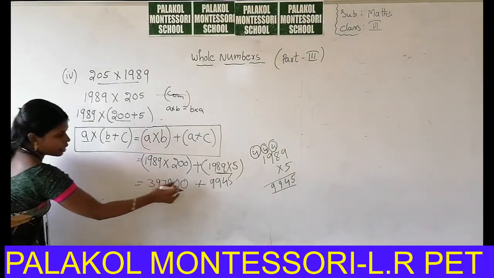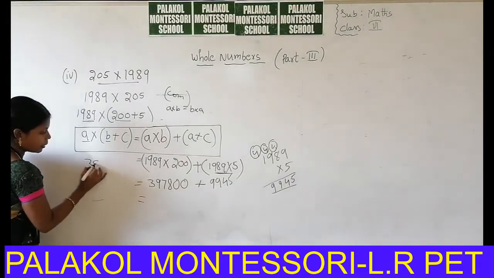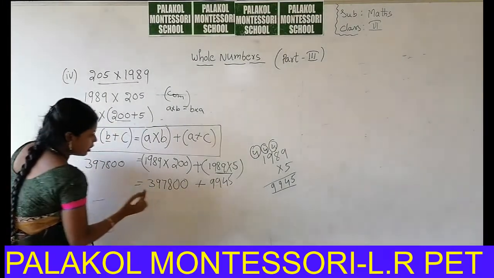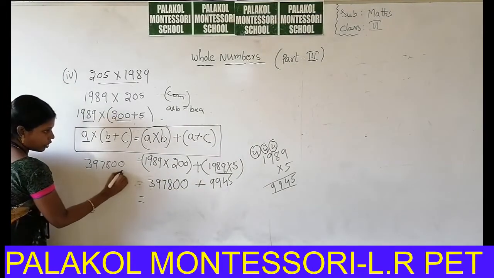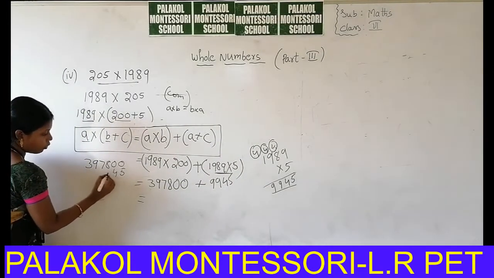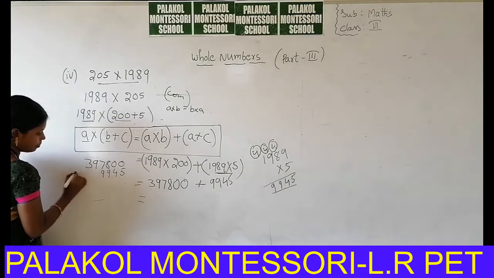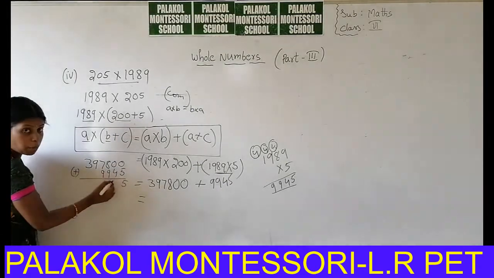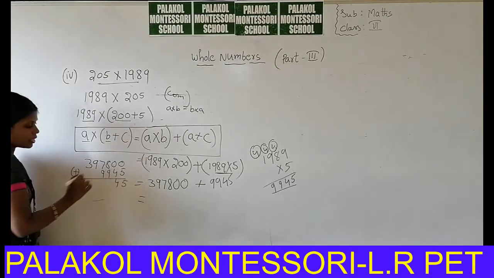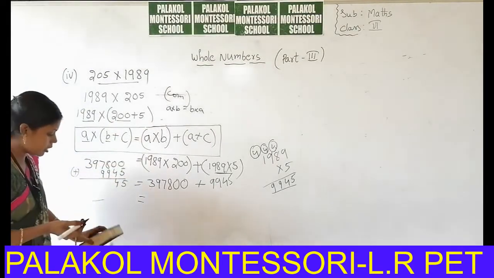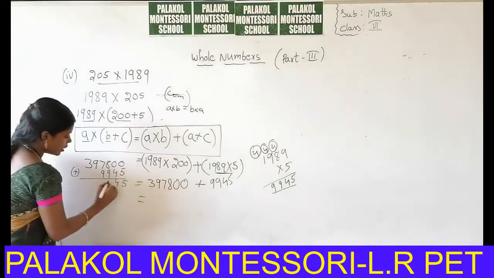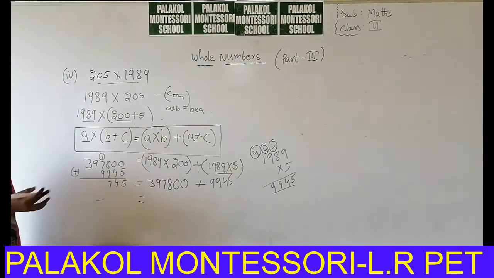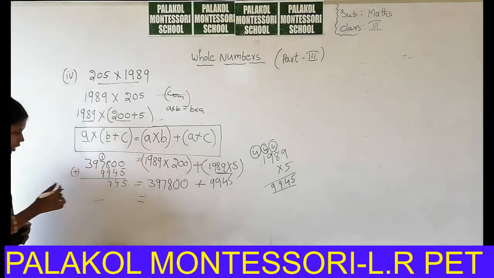So we can add these two numbers. 0, 0. 9945. 5, 4, 9, 9. So we can add 0 plus 5, 5, 0 plus 4, 4, 9 plus 8. 9 plus 8 how much? 17. 7, 1. 9 plus 1, 10. 10 plus 7, 17.